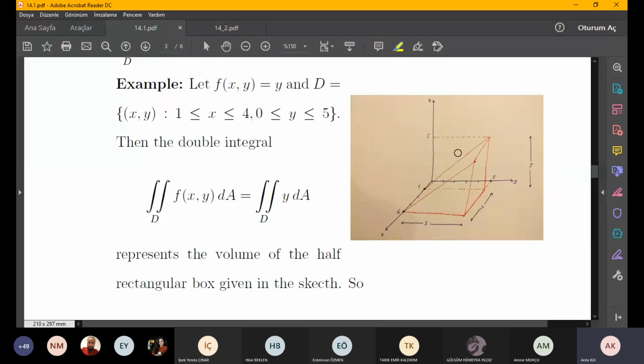This is our function, and it is on the first octant, it is positively defined, and D is the rectangle here, where x is between 1 and 4, and y is between 0 and 5.